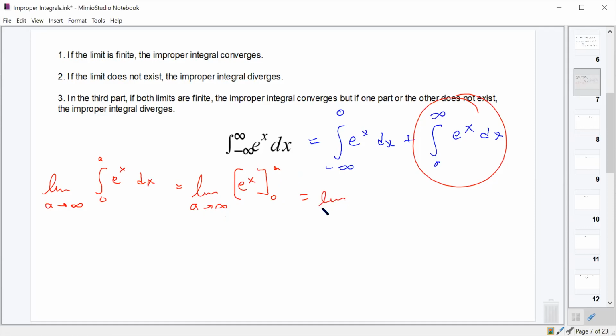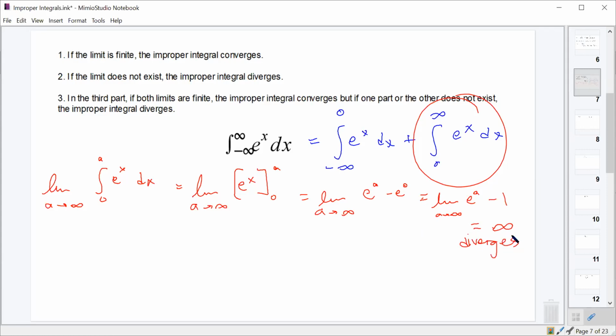We get the limit as a approaches infinity of e to the a minus e to the 0, or the limit as a approaches infinity of e to the a minus 1, which is e to the infinity minus 1, or infinite, right? This came out to be infinity, which means that that limit technically doesn't exist, which means that this diverges.